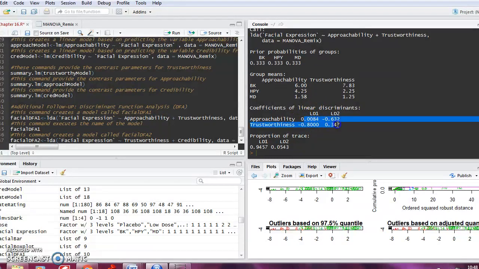Anyways, what we see here is a positive and a negative relationship, so they have an opposite effect on the variate. For example, approachability has a positive relationship with the first variate, as opposed to trustworthiness, which has a negative relationship with that variate.